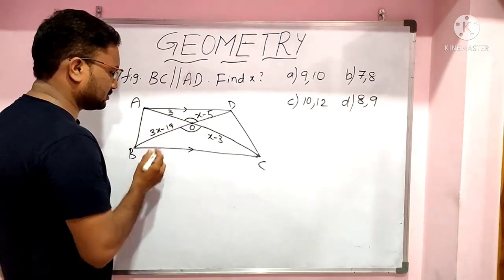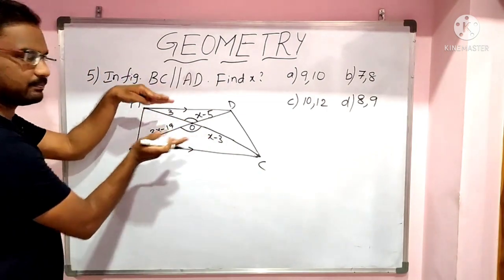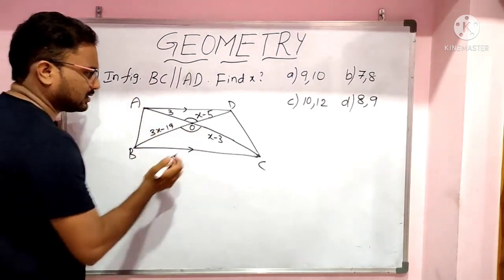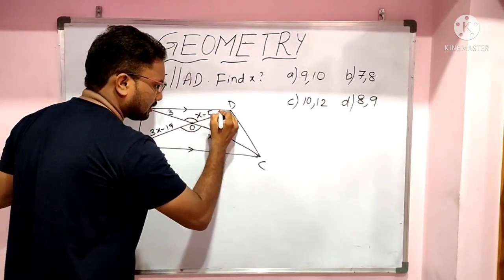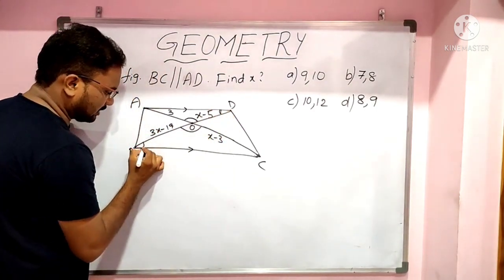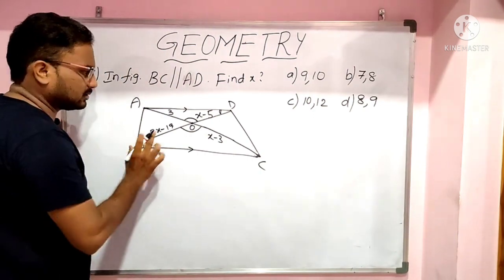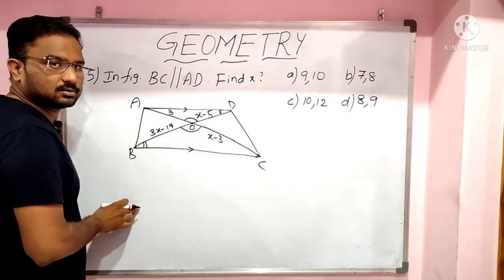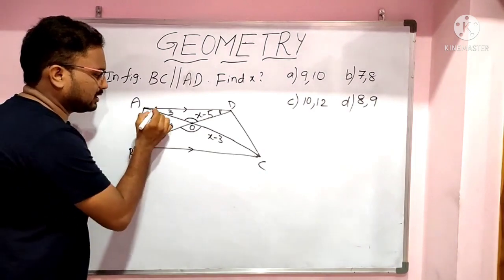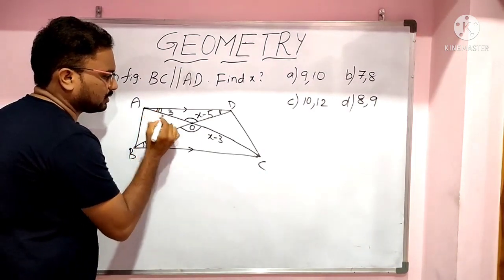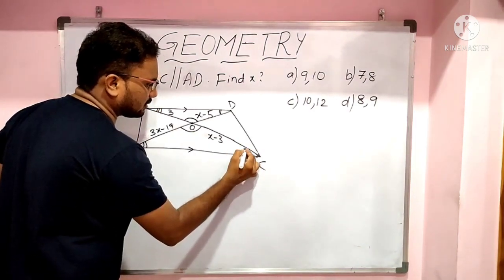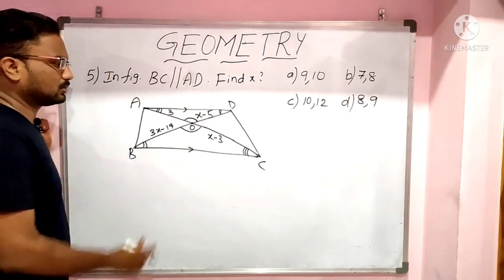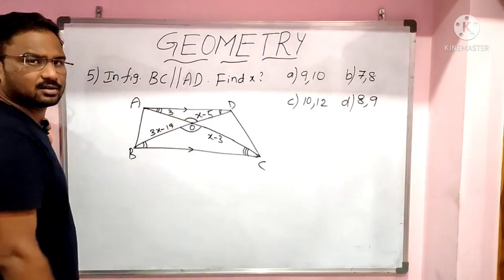And now these two lines are parallel. Hence this angle and this angle both are equal. So automatically this angle and this angle both are equal. If two angles are equal, then the third angle must be equal.